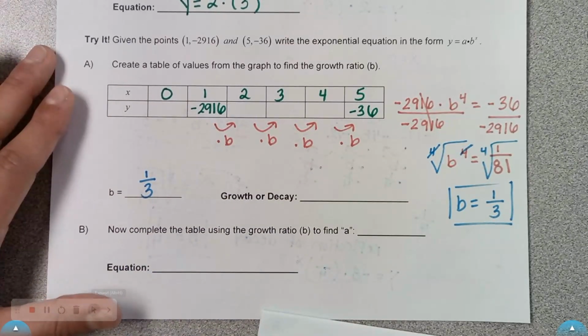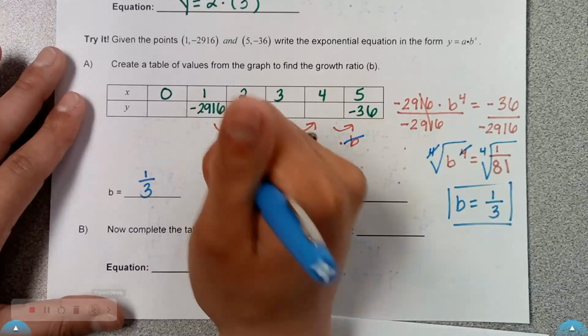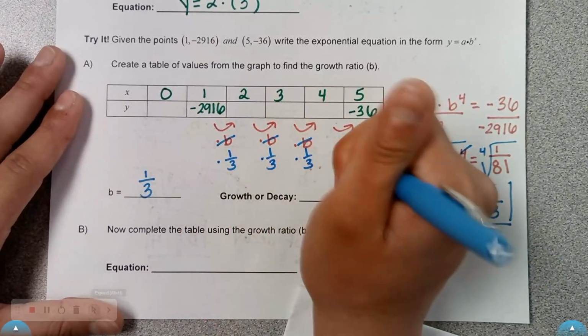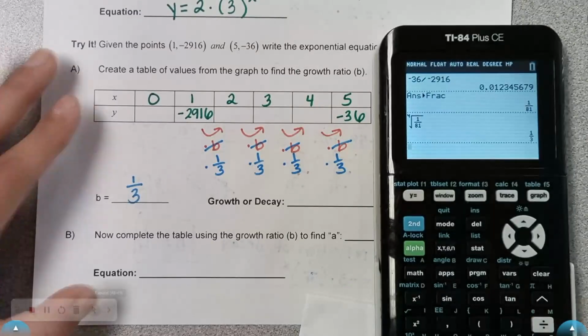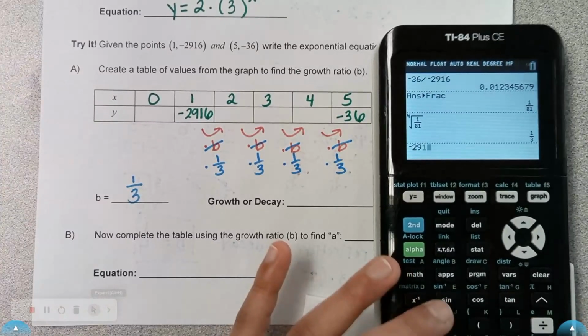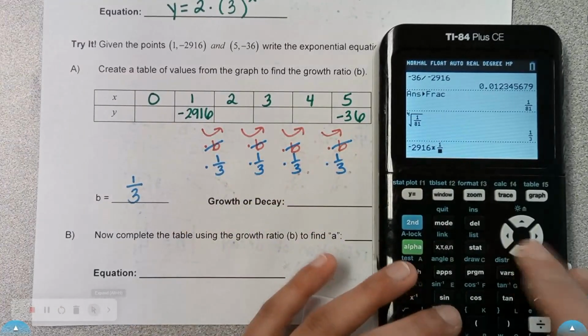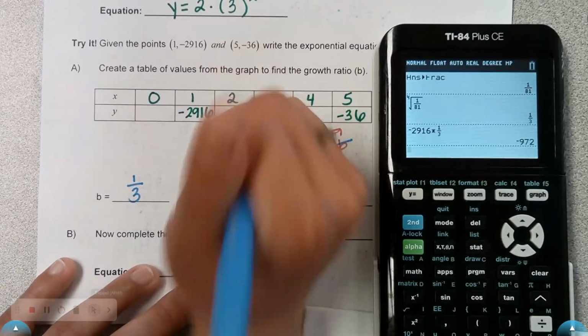And so then when I look back at my table, I'm not multiplying by b anymore. I know that I am multiplying by 1/3. So I can fill out the rest of my table. So negative 2916 and then times 1/3, I get negative 972.